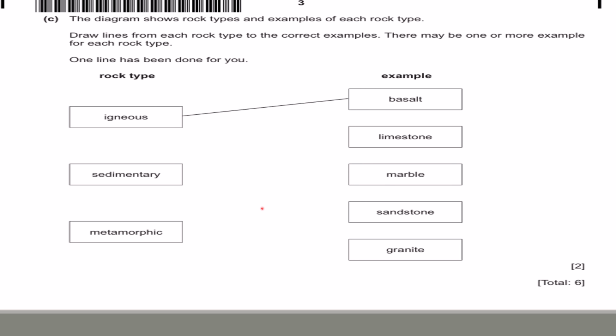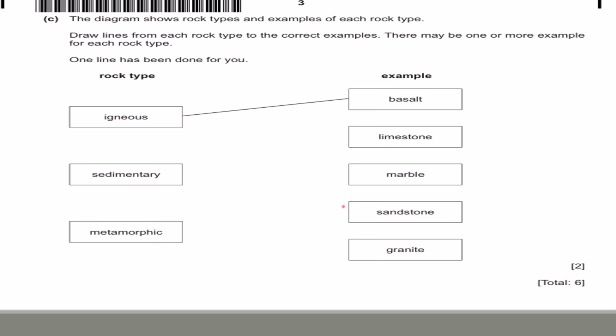Sedimentary rocks are formed by deposition and compaction of sediments, and the examples are limestone and sandstone. And the third one is metamorphic rocks. Metamorphic rocks are formed when existing rocks change due to heat and pressure. So the example for metamorphic rocks is marble.